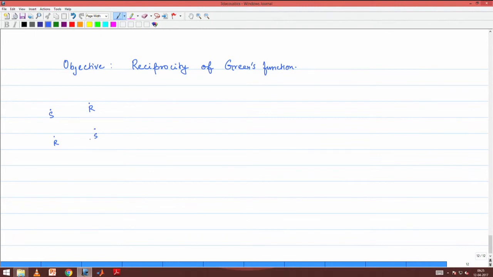By receiver I essentially mean a microphone or your human ear. So, if the positions of the source and the receiver are interchanged, will there be any change in the signal that is received by your microphone or by your human ear?